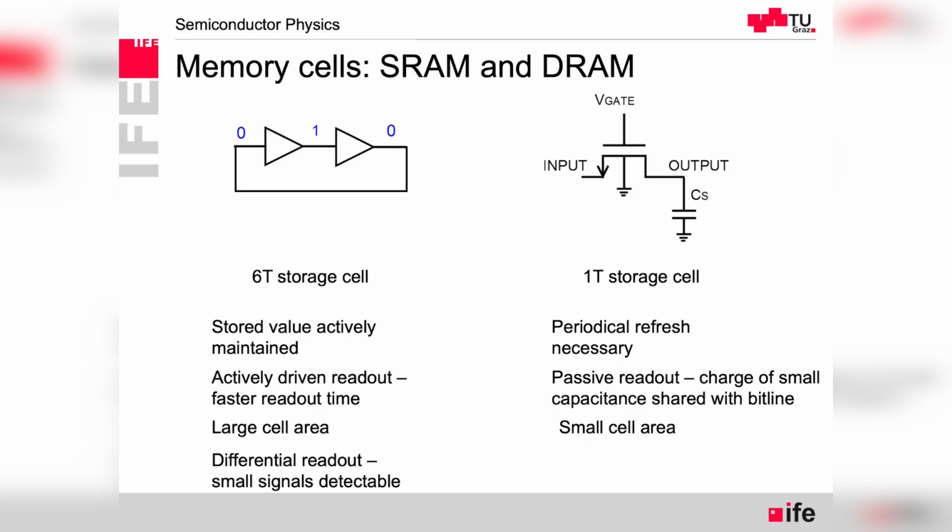And typically, we have those 2 nodes, and the readout is done in a differential manner. The second cell, theoretically, as long as the transistor is switched off, doesn't need any additional power, but still, in operation, it needs periodical refresh.